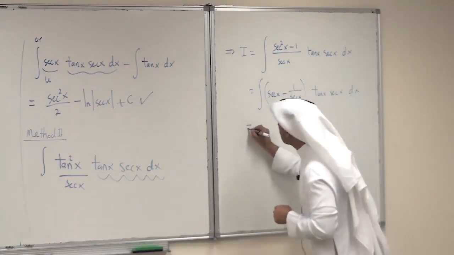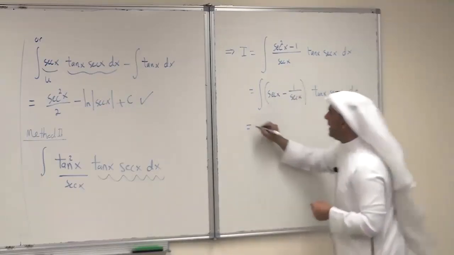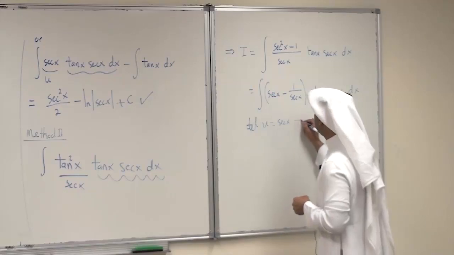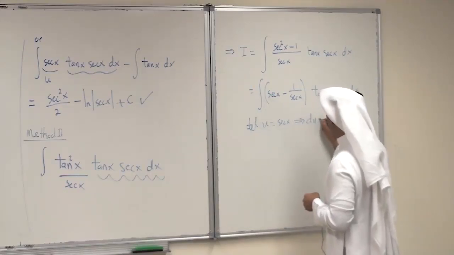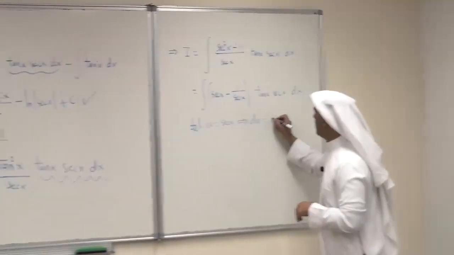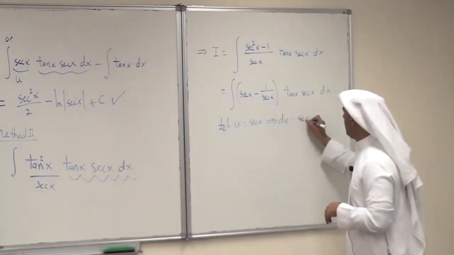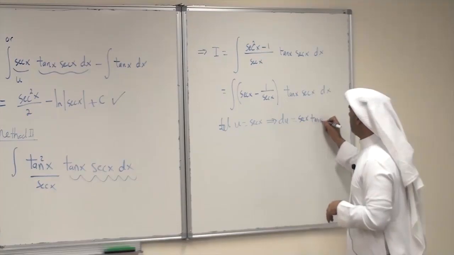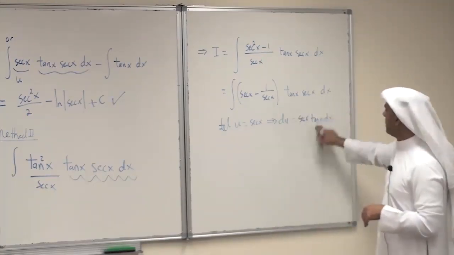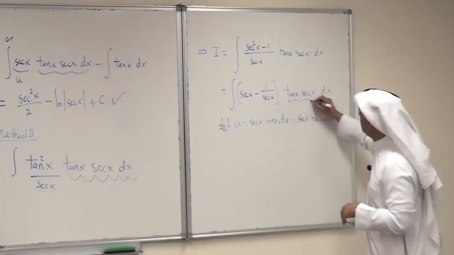Now, let u equal to secant of x. This implies du is equal to what? What is the derivative of secant? That is secant of x tangent of x dx. The differential of u is secant of x tangent of x dx, which is the thing appearing here.